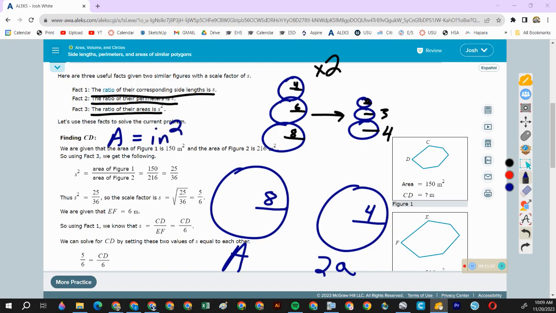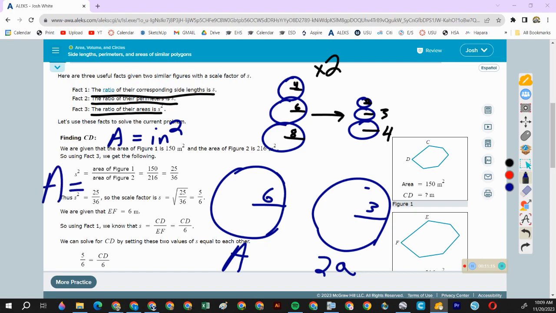So it's going to be the square of the ratio. Let's not use 4 and 8. That's a little bit more confusing. So let's say this is 6 and this is 3. So the area of the big circle is pi times 6 squared, which is 36 pi. The area of the small circle is pi times 3 squared, which is 9 pi.